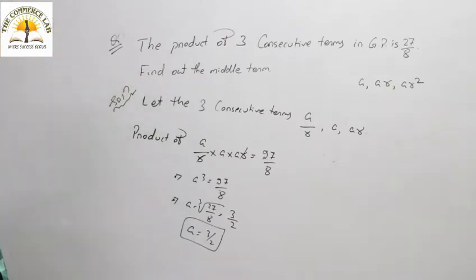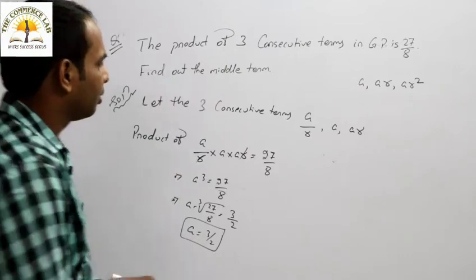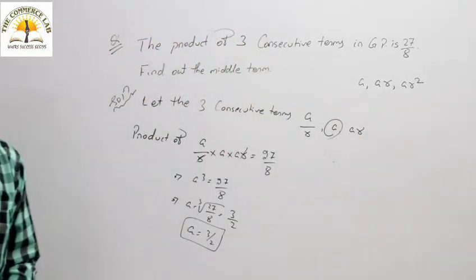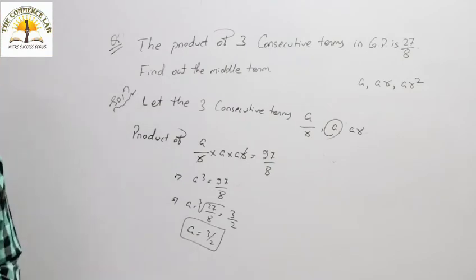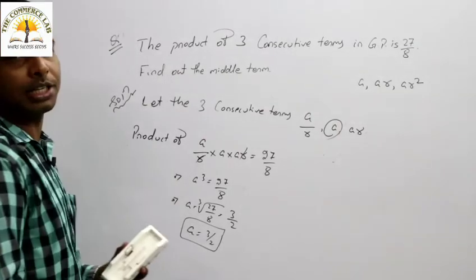A is your 3 by 2. Then what we have to find out? Find out the middle term. Your middle term is your A. So A is your 3 by 2. Okay. Come for the next one.